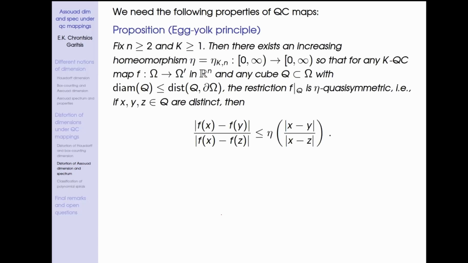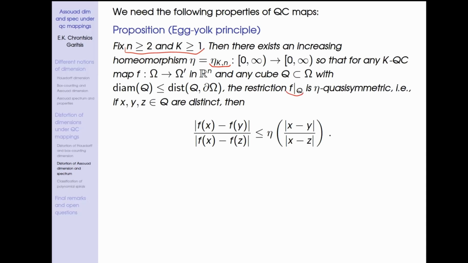We will need a couple of properties of quasiconformal maps to sketch the proof of our result. The first one is a very well-known principle. It's the egg yolk principle. It basically says that if we fix n and we fix k, there exists an increasing homeomorphism eta that depends only on k and n, for which every K quasiconformal map in Rn and any cube that is deep enough inside the source, the restriction of f to Q is eta quasi-symmetric.